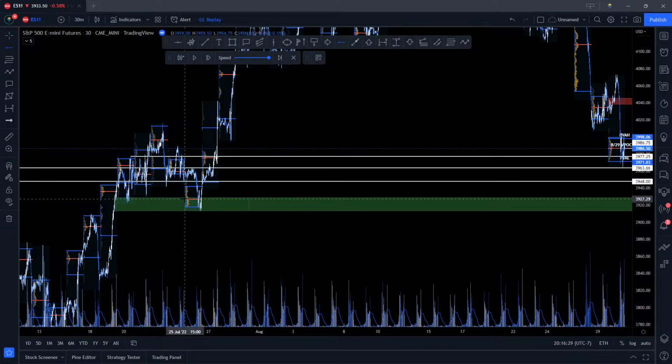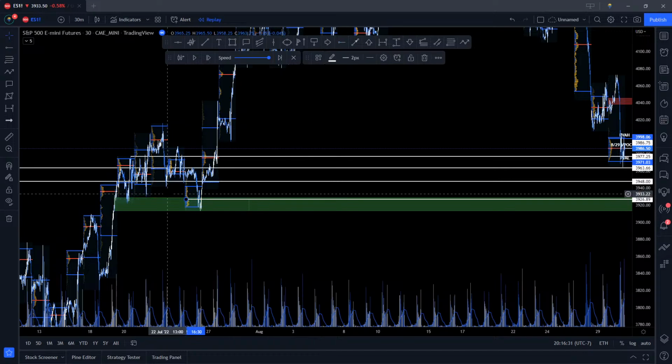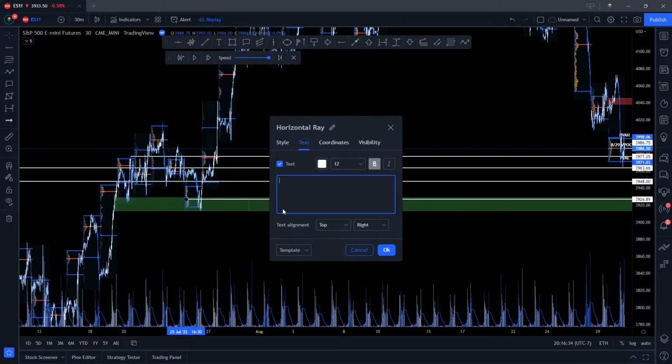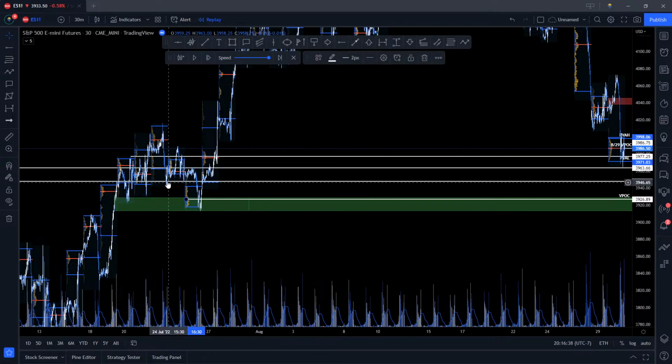So in this range here we have a VPOC. I'm not going to label it. Well, I'll put VPOC so we know it's a VPOC. I'm not going to grab the date. When you have an area like this where you have like 1, 2, 3, 4, I just want to check the price range. 75 down to 63. So basically a 10 to 12 point range where we have a bunch of POCs.